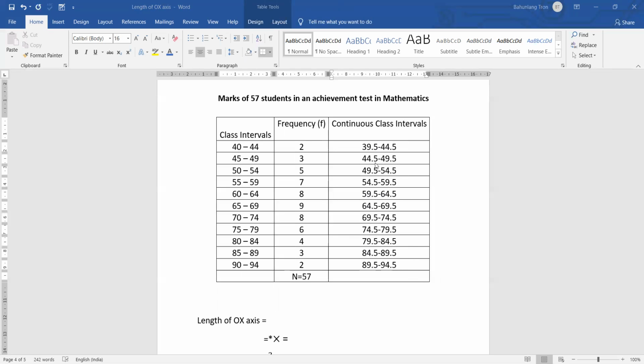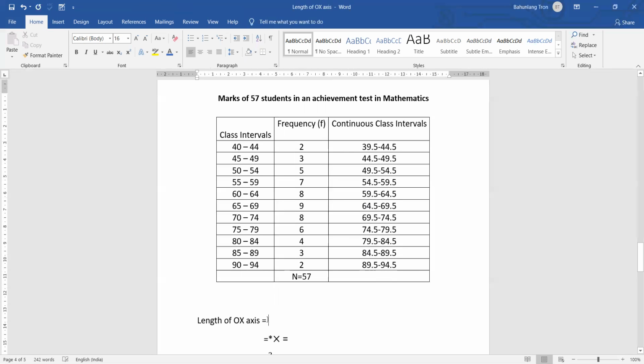So if I have altogether 11, I need to add 1 unit for this last score. So I will be having 1, 2, 3, 4, 5, 6, 7, 8, 9, 10, 11, and this last score, that is 12. So the length of the OX axis will be 12 units if I take the big square.